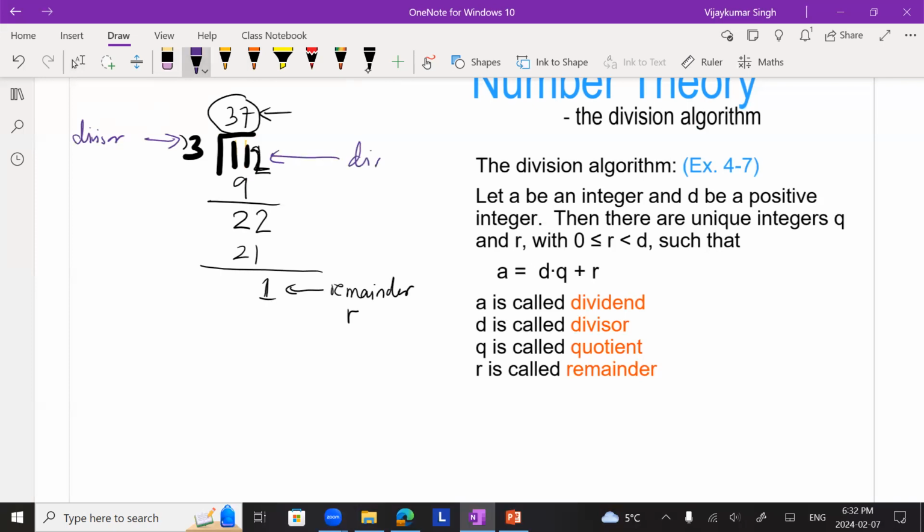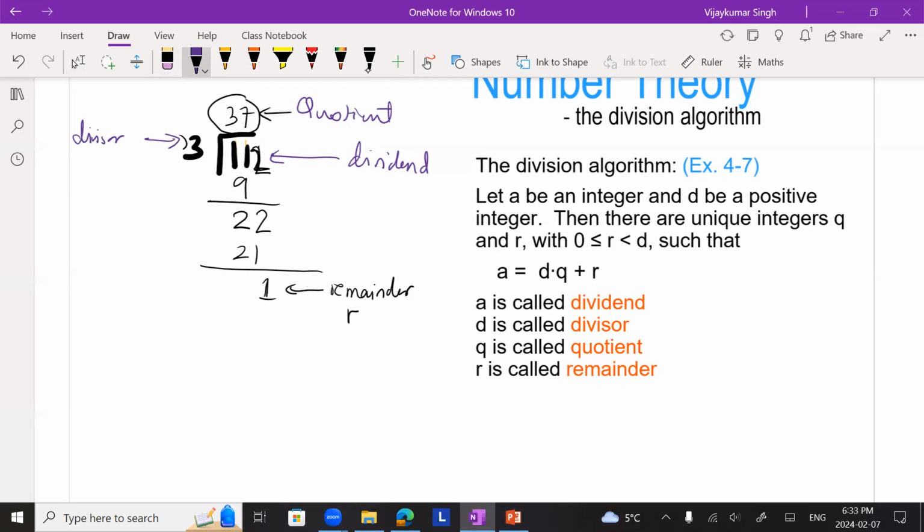This is my dividend, and this is my quotient. So these are the names of the actors in a division algorithm. You keep on doing the division until your remainder is less than the divisor, or equal to 0. Is that okay? So that is what the division algorithm is.